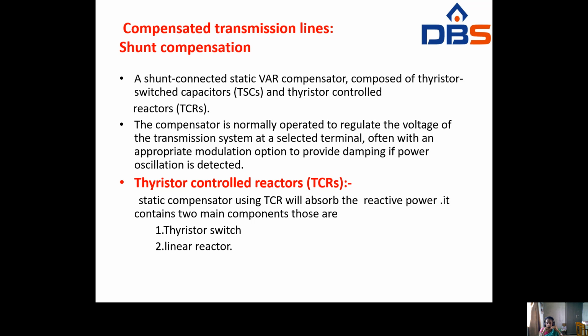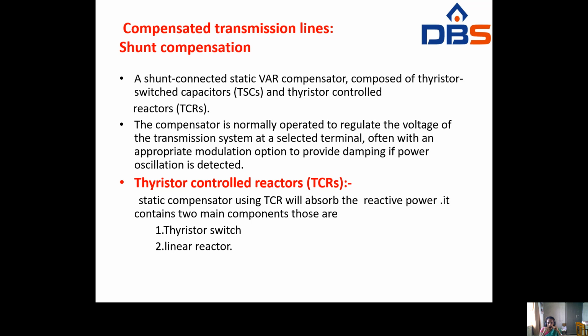The compensator is normally operated to regulate the voltage of the transmission system at a selected terminal, often with an appropriate modulation option to provide damping if a power oscillation is detected.